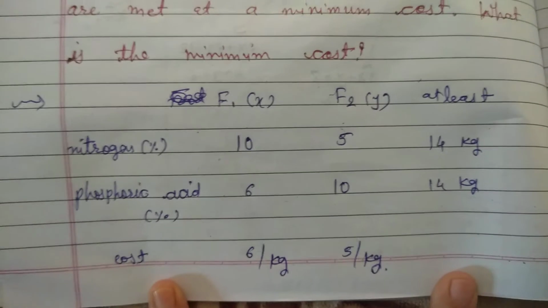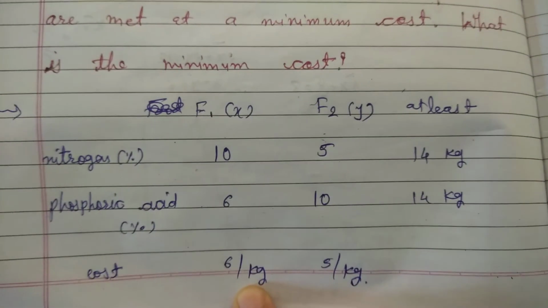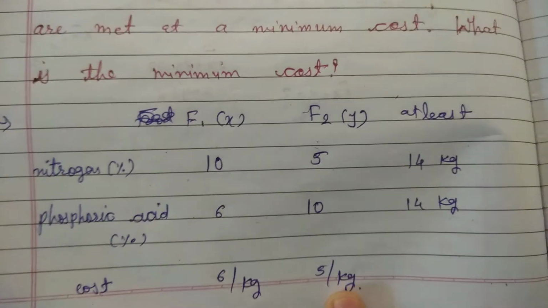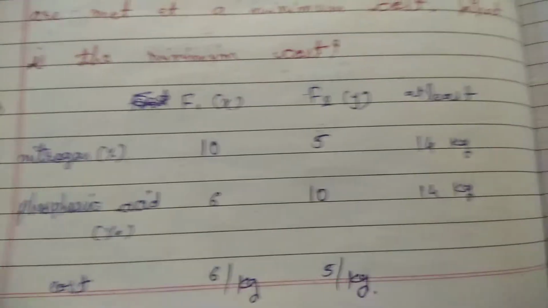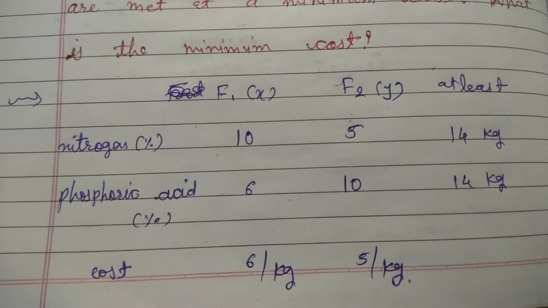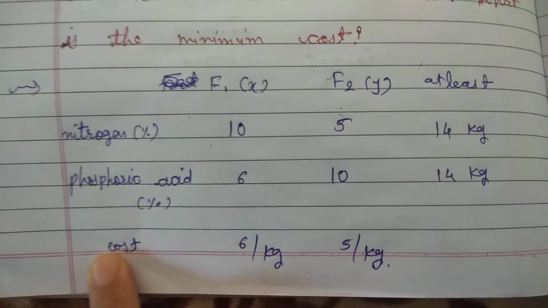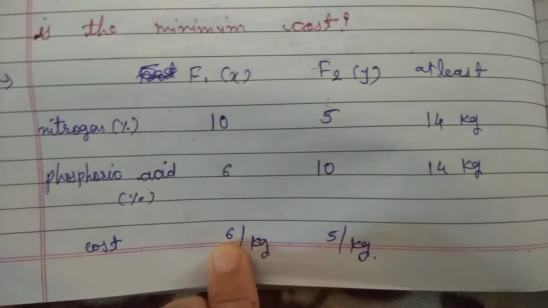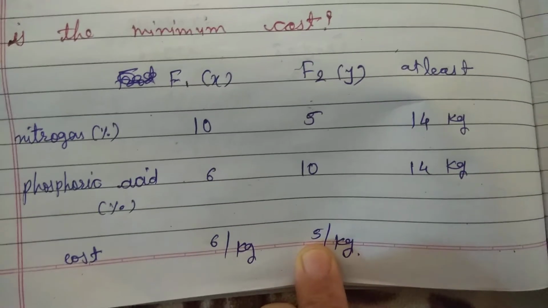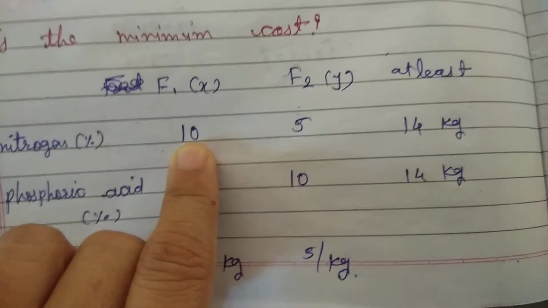Now further, the cost for F1 is rupees 6 per kg and for F2 rupees 5 per kg. Now students, we have to form an LPP. Our LPP is to minimize the cost. So minimize Z = 6x + 5y. Now you know very well, nitrogen is in 10%.